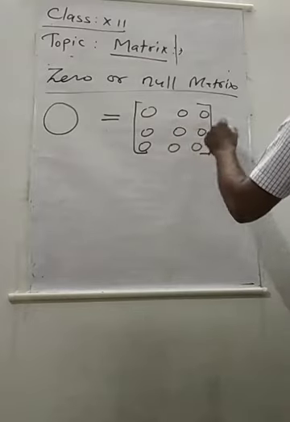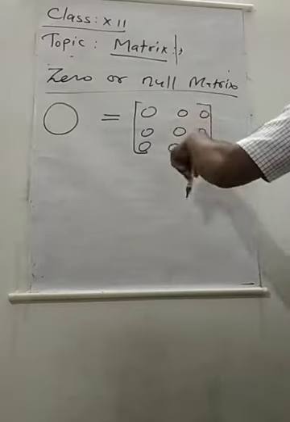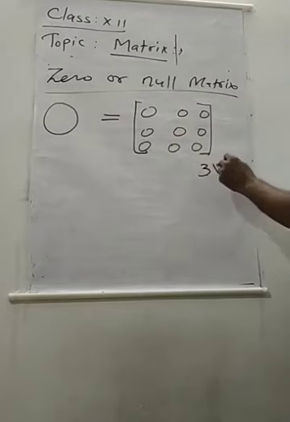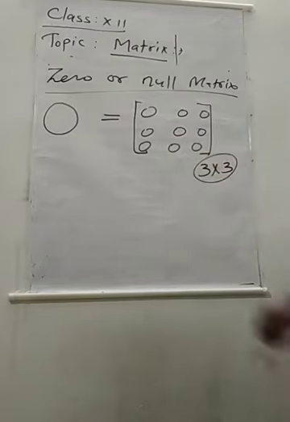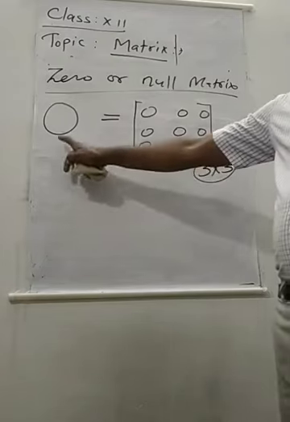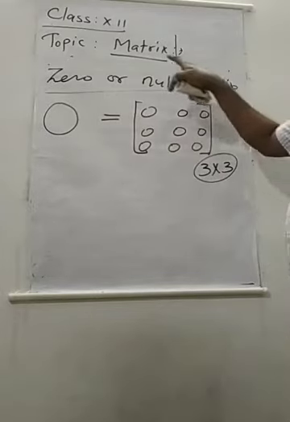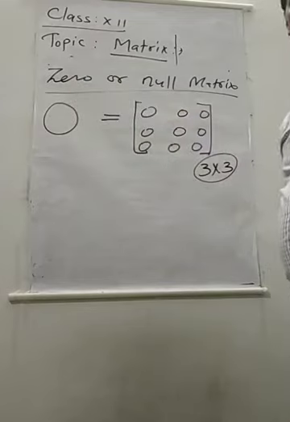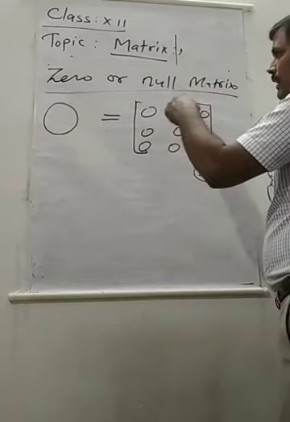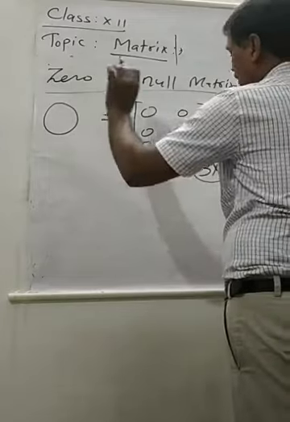One row, second row, third row, one column, second, third, 3 rows and 3 columns. So it is a 3 by 3 order zero matrix. So what is the clarification of zero or null matrix? A null matrix or zero matrix is that in which all the elements are zero. All the entries, all the inside values are zero there. This is the zero matrix.